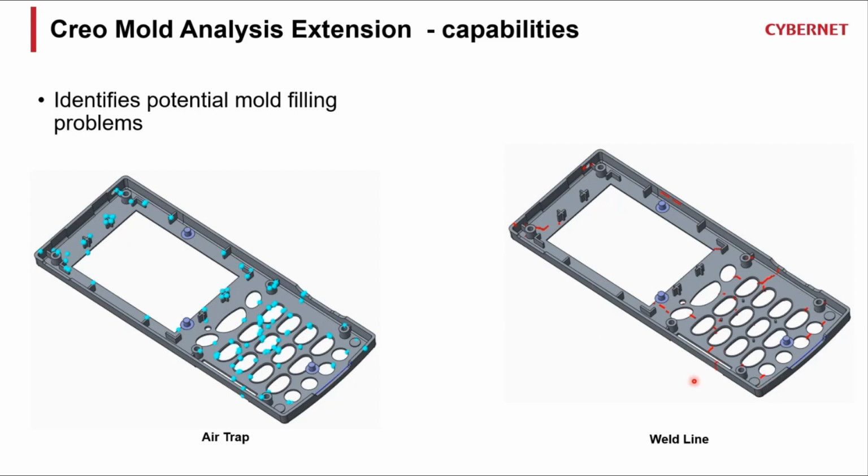If this kind of product is molded with so many weld lines, it's probably a bad idea, because this is something people always need to press on, so it's going to break or even be fragile. By using this Creo analysis, you are able to see that and twist the design a little bit before sending to manufacturing. So this is the kind of advantage.